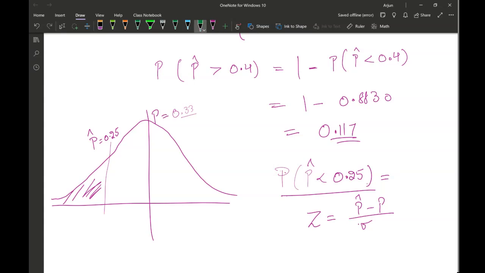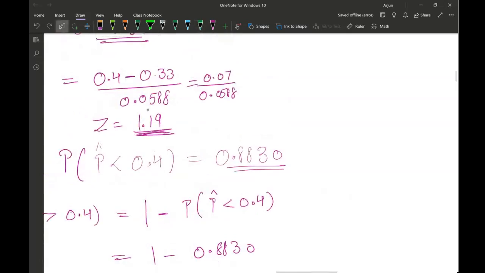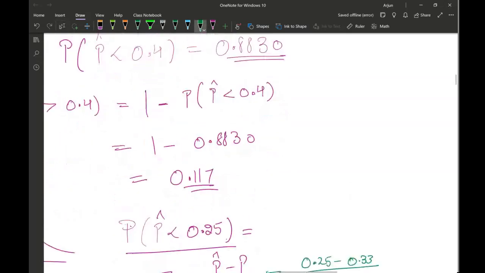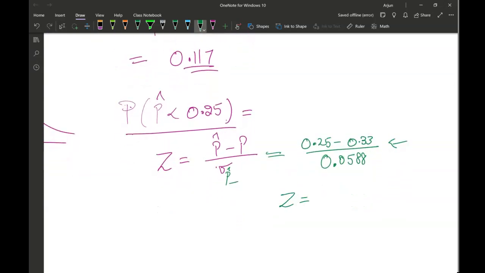All right, now this is equal to 0.25 minus 0.33 divided by the value I've already figured out from the previous part. It's not going to change, so it's 0.0588. Now I will leave it for you guys to solve this one. Find the Z value from here, and from the Z, find the probability value, and that will be your answer.